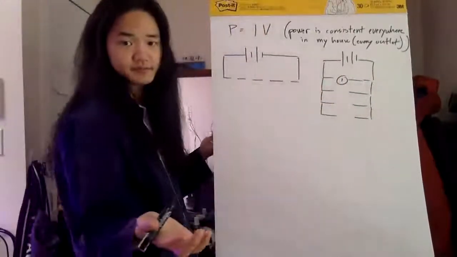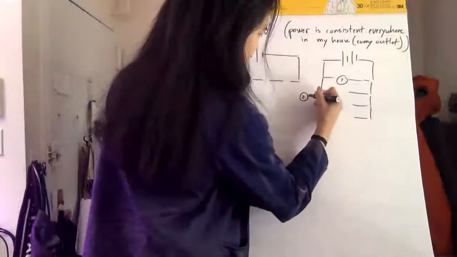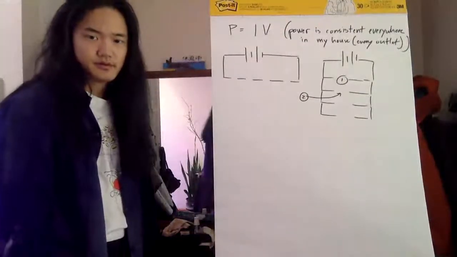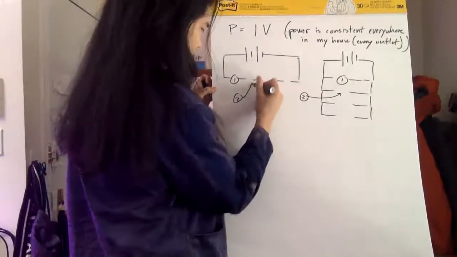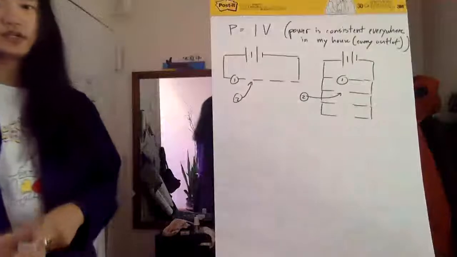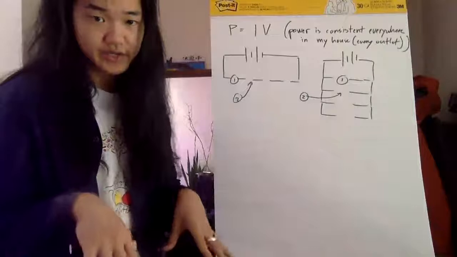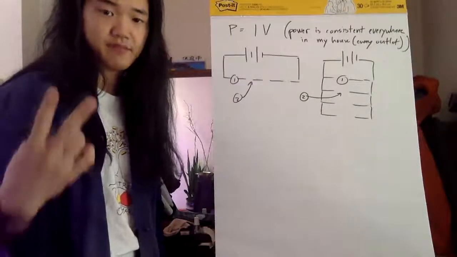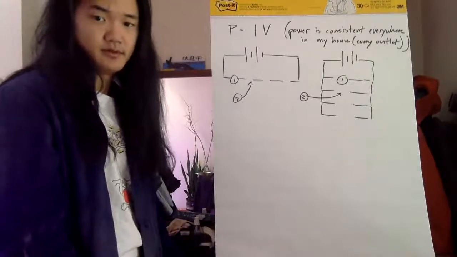If I have bulb 1 already plugged in, and I add a second bulb, which circuit makes sure that the power output of 1 does not change? That the current and the voltage drop across that bulb is going to be the same when I add a second bulb in.